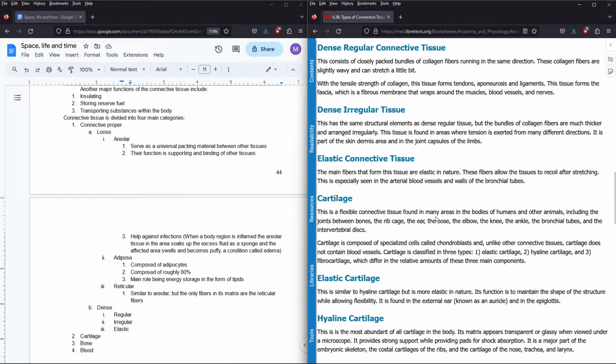Dense regular connective tissue. This consists of closely packed bundles of collagen fibers running in the same direction. These collagen fibers are slightly wavy and can stretch a little bit.